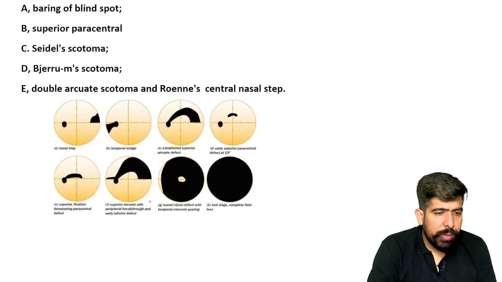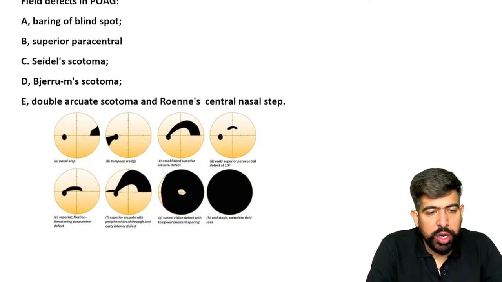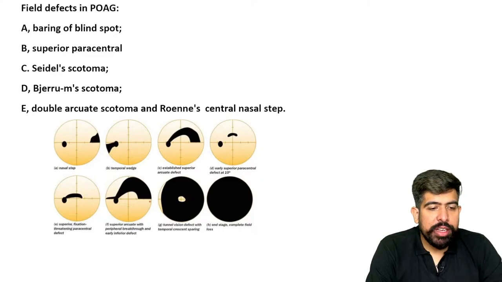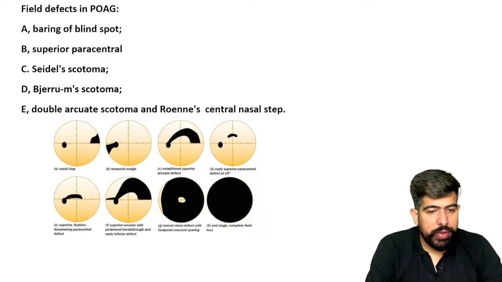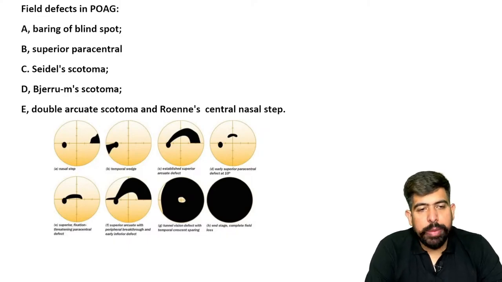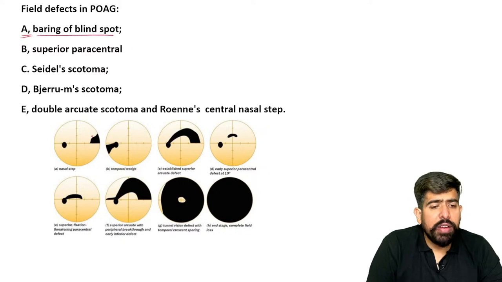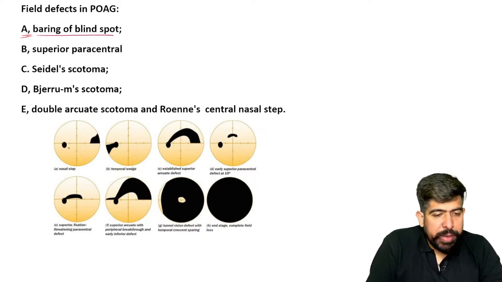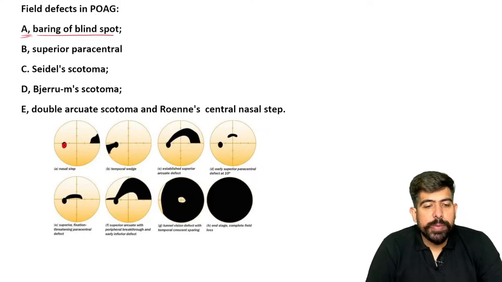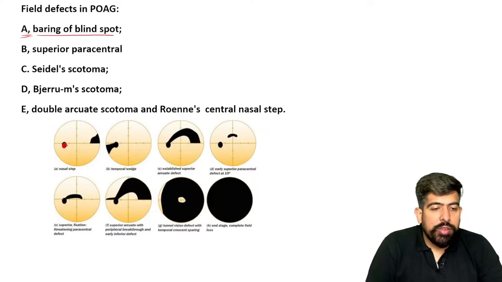Also, from the topic we are talking about, the patient has field defects. What kind of field defects are we talking about here? Just remember this. The patient starts with enlargement of the blind spot. This is the blind spot, the physiological blind spot. So first of all there is an enlargement of this blind spot.